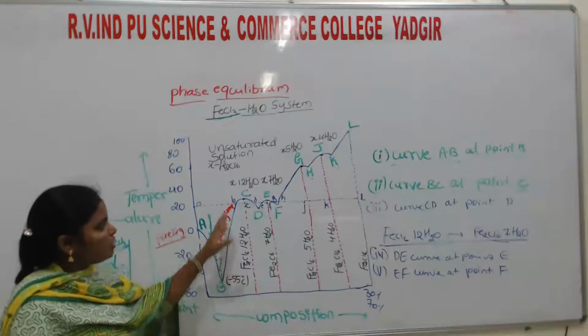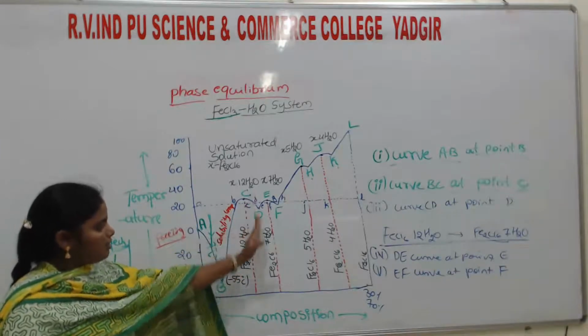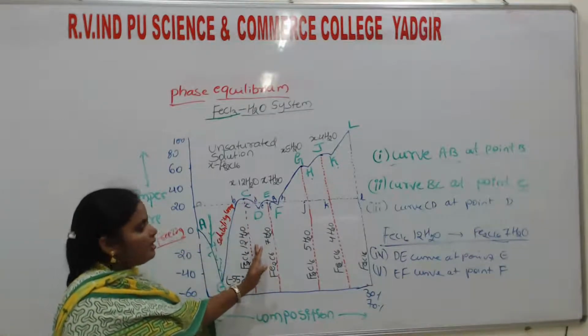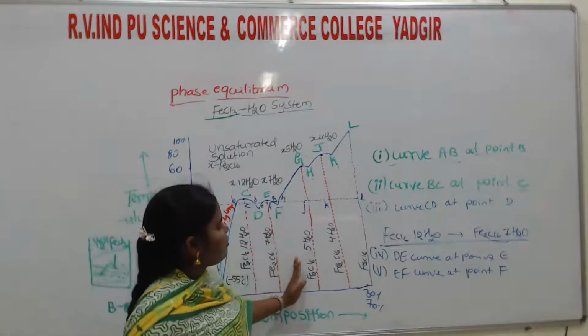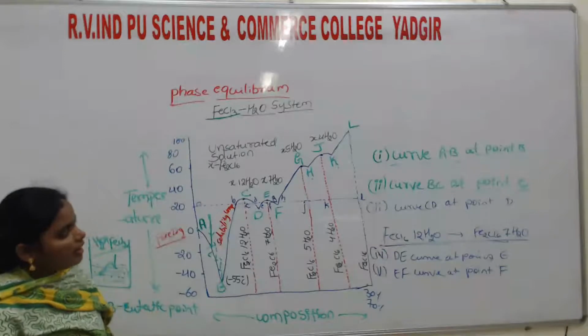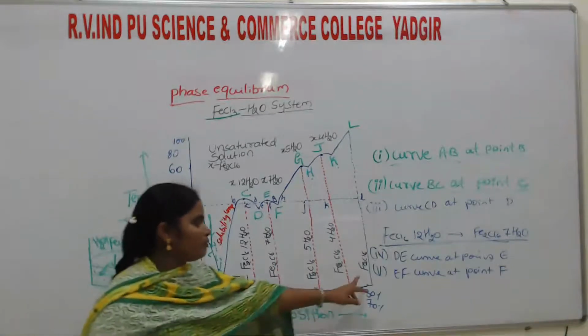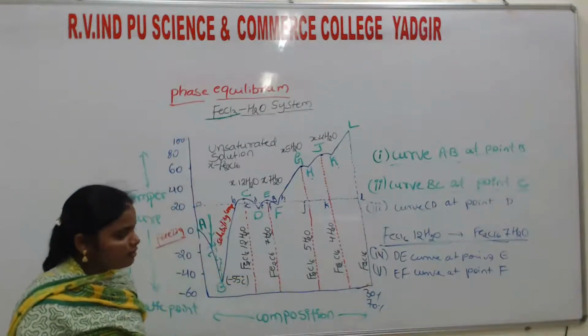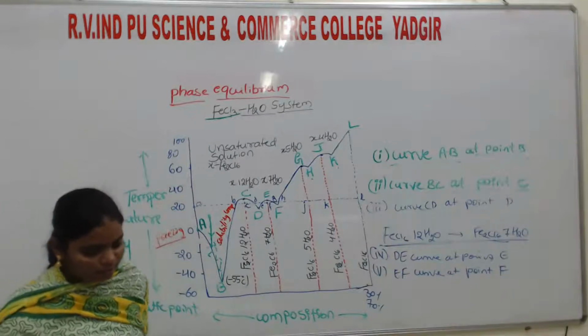The solid formation is dodecahydrate in this region, hexahydrate in this region, pentahydrate in this region, and tetrahydrate in this region. The final formation is anhydrous chloride.